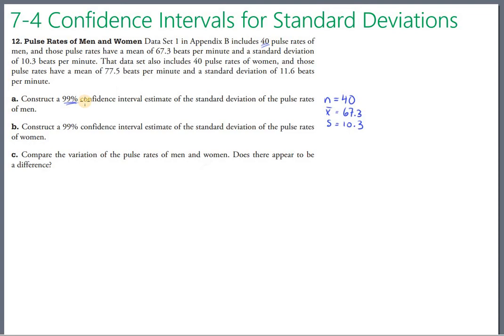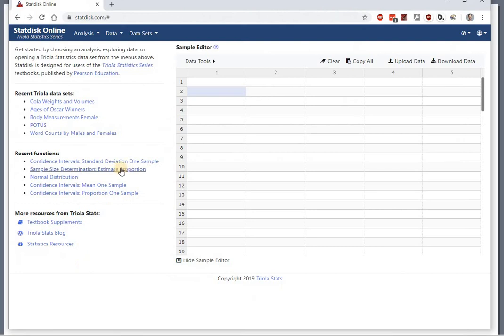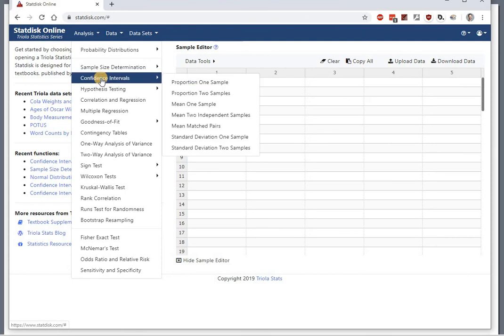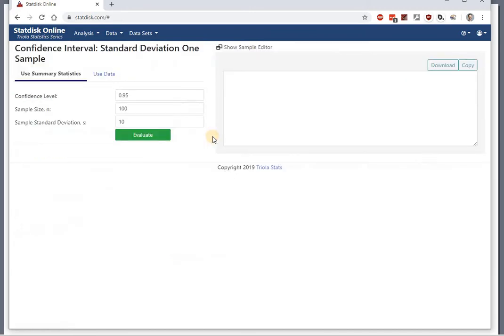So let's go ahead and look at StatDisk. We kind of know the drill by now. So let's go to StatDisk and let's look at confidence intervals. And there's standard deviation for one sample. Let's remind myself of what numbers we needed.